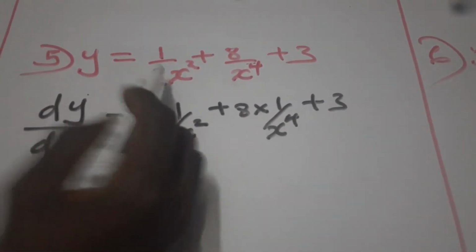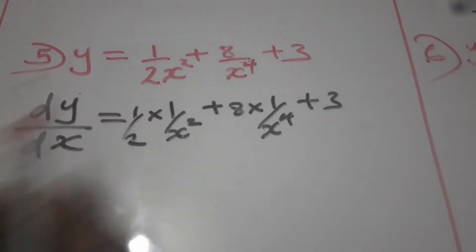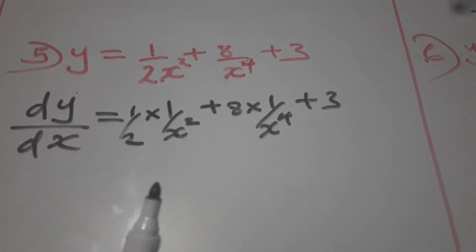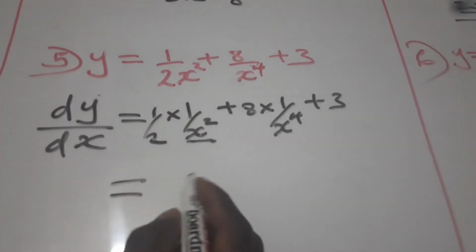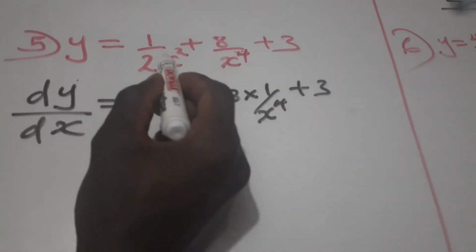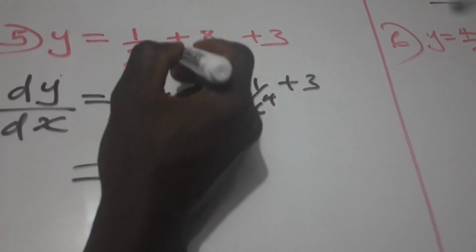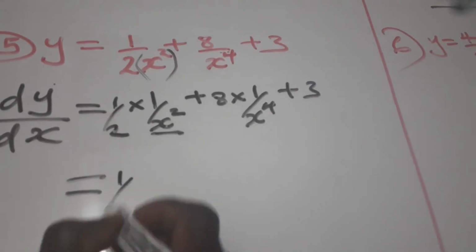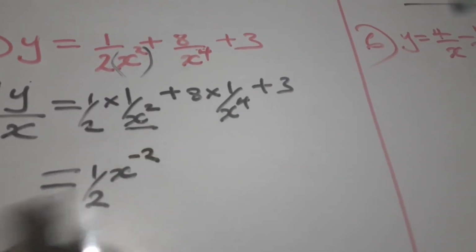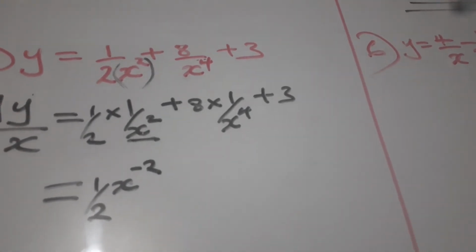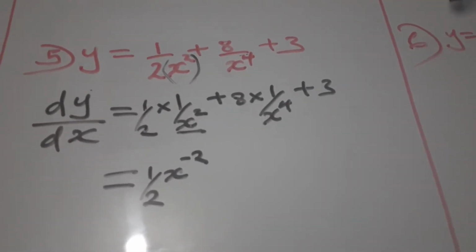This, when you multiply, you're going to get this. This, when you multiply to this, you're going to get this, and this the same. So you're going to take this to make it simpler. From here, we're going to bring this part to the top. So it will be a half of x raised to power negative 2. When you're taking a number to the numerator, its power becomes a negative.